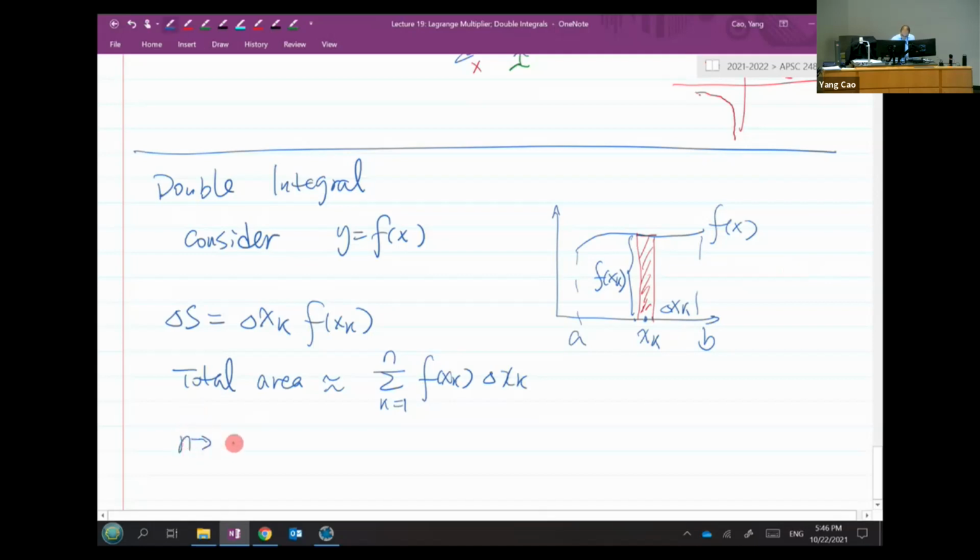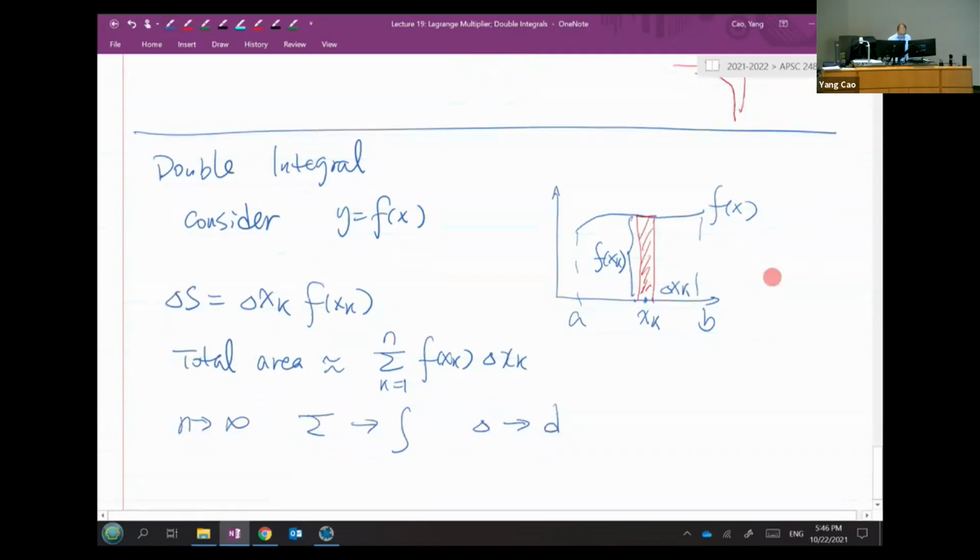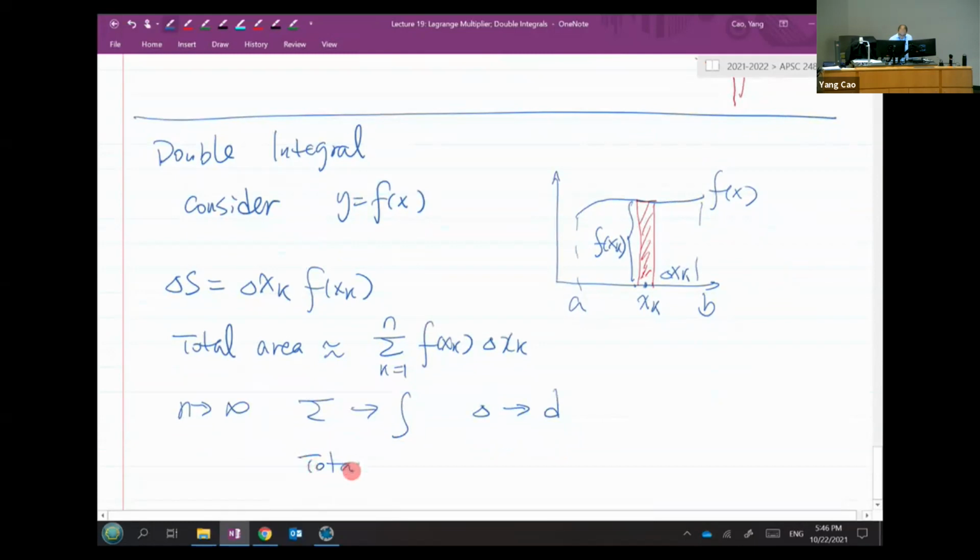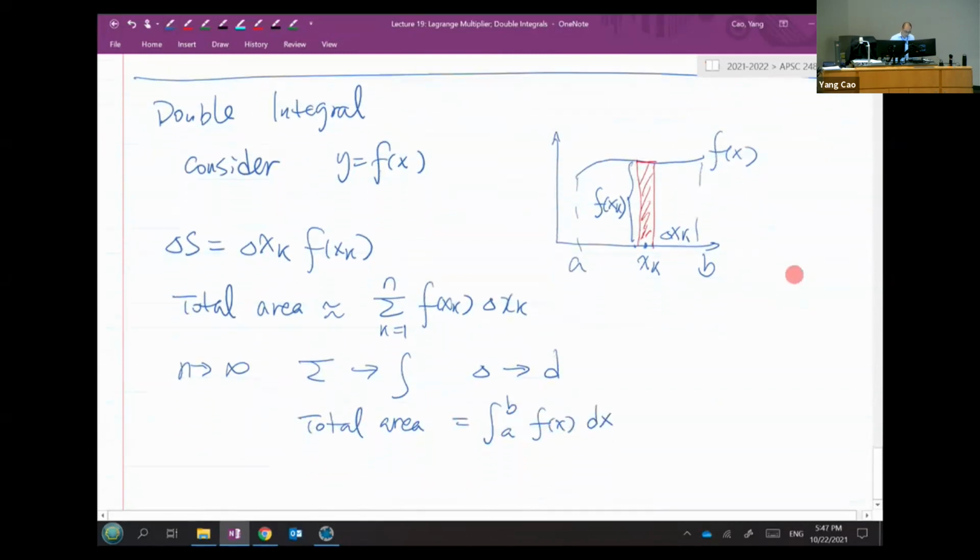Then of course, if you increase the number of strips to infinity, the summation sign becomes the integral sign and delta becomes differential. So you get the regular integral from a to b of f of x dx. That's the idea of how you derive the area underneath the function f of x.